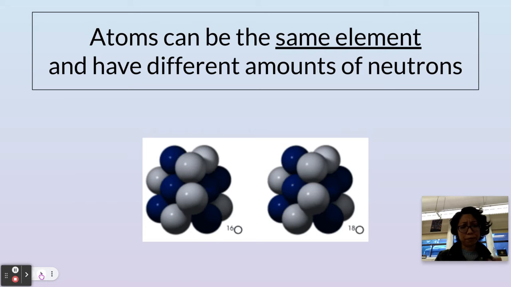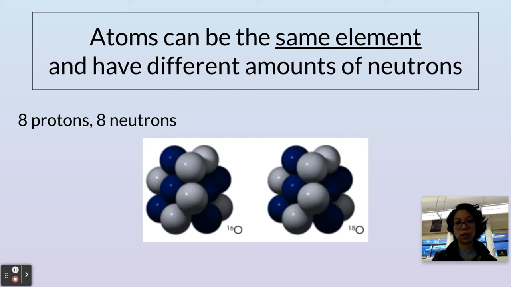So for example, an atom that has 6 protons is always going to be carbon. But carbon atoms can have different amounts of neutrons or electrons. They just can never have different amounts of protons.